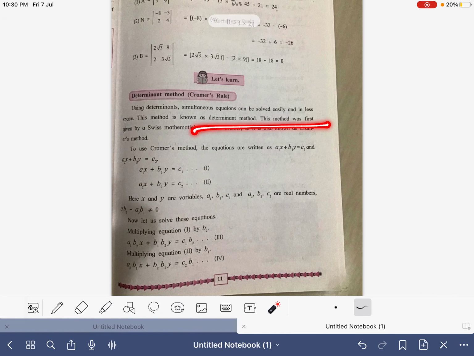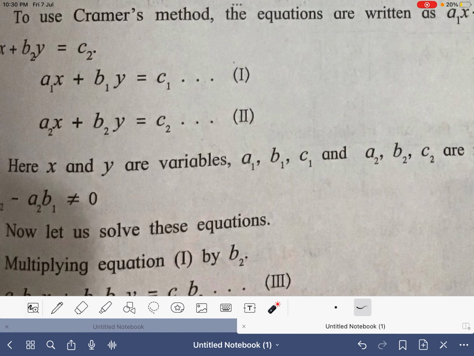Now we are finding a value of x, sorry, we are already done with x. Now we have to find the value of y. So what is our target? We have to eliminate this x. We want to convert this equation in such a way that the answer is 0x.